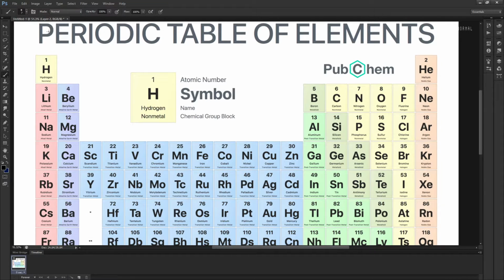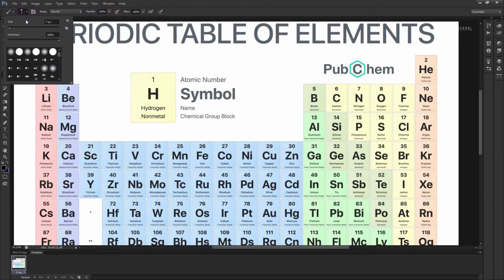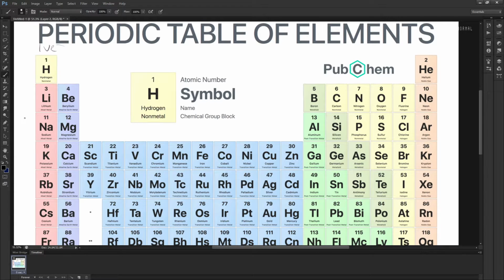Okay, so elements in group 1 have 1 valence electron, and because they have 1 valence electron, they're going to try and lose that electron. And so what happens is they will gain a 1 plus charge.